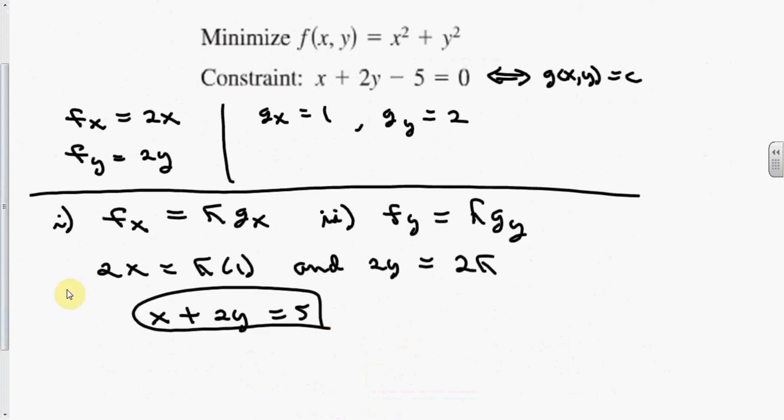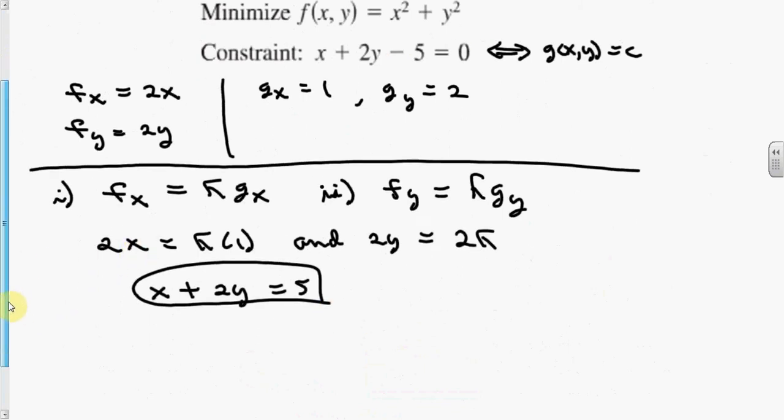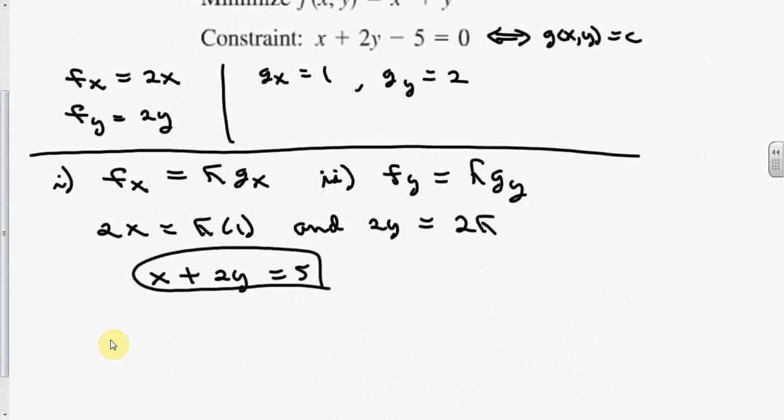So I have that relationship. From the first, I get x is equal to lambda over 2, and from this one I have y is equal to lambda.